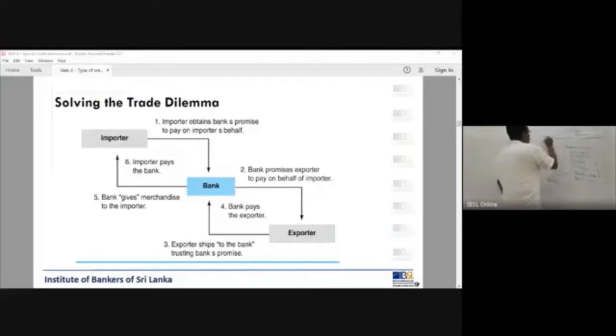So our correspondent bank will inform Saravanamuthu saying that there is a transmission from Bank of Ceylon, Colombo on behalf of Mr. Pereira. If you ship these items as per your pro forma invoice, with this quality, before this date, you will be paid by the bank. You ship and give us the documents, you will be paid.